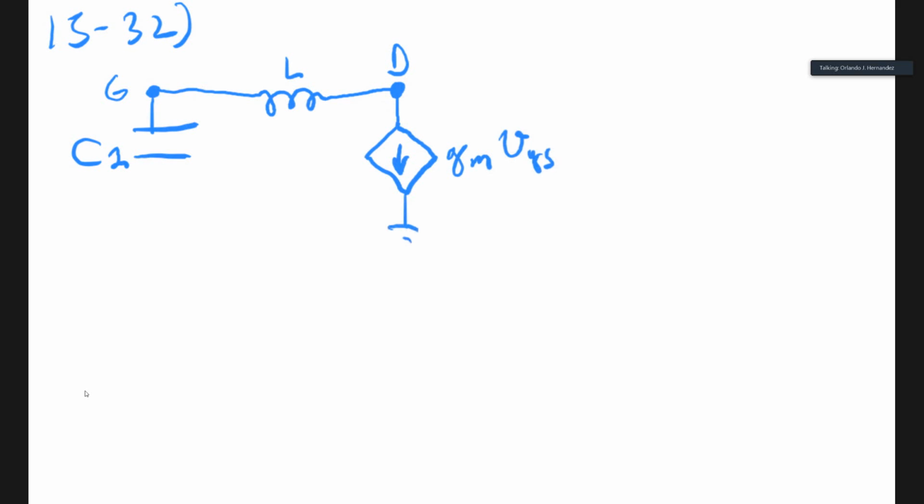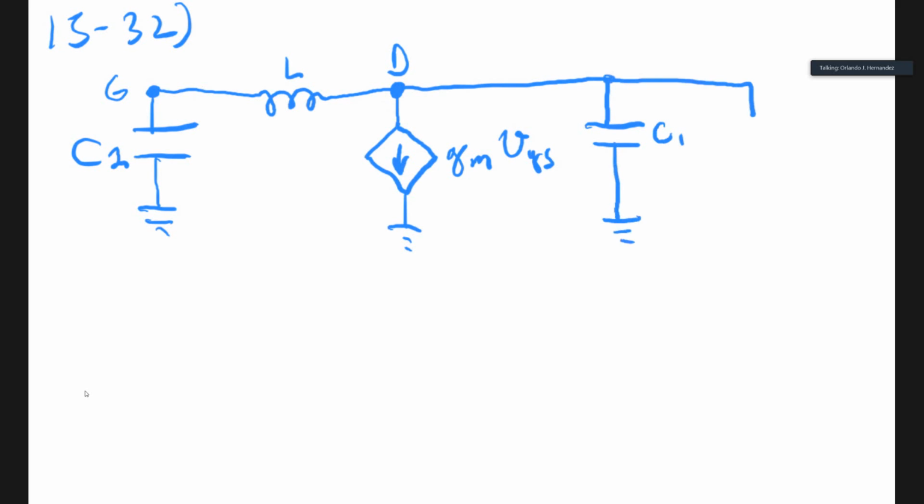And that is going to ground. And this is C2 here going to ground. And here we have C1 and also RL. And in the ground node, for the small signal equivalent circuit is the source, which is biased. So that's where we start.